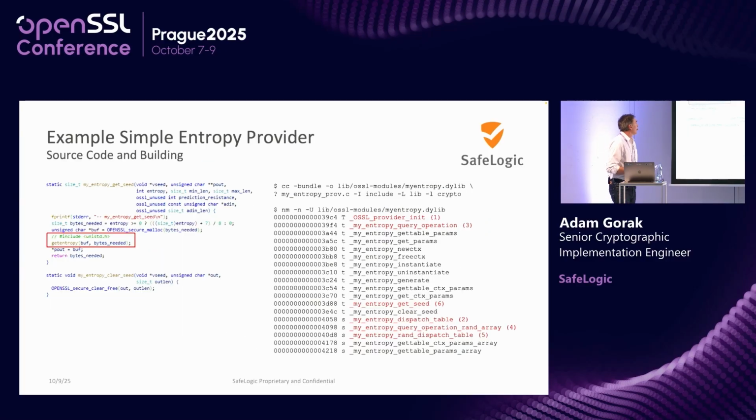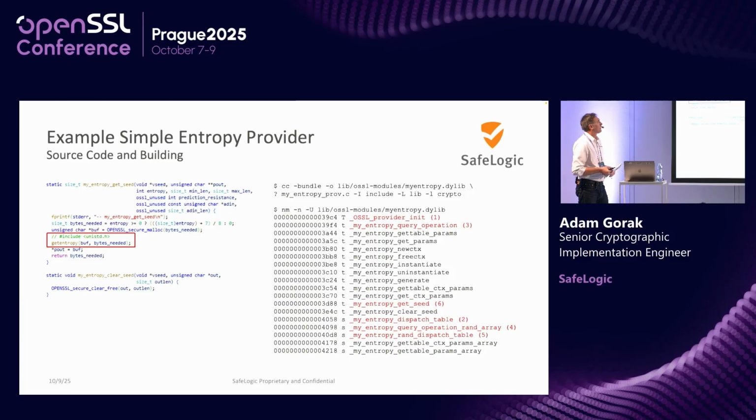Okay, and finally we've got the implementation of the get seed function. As you can see, it's very simple. First of all, we've got some debug printf line, and we create a buffer of required length. We populate it with the system getentropy call, and that's it basically.